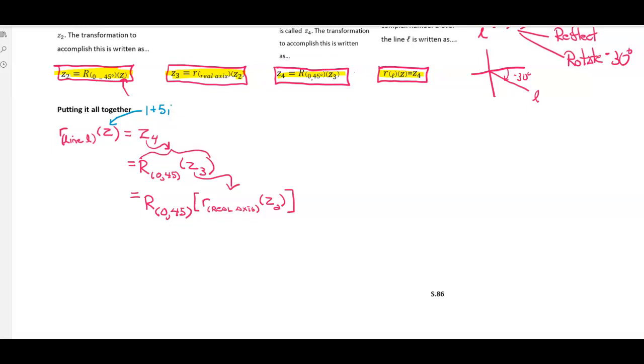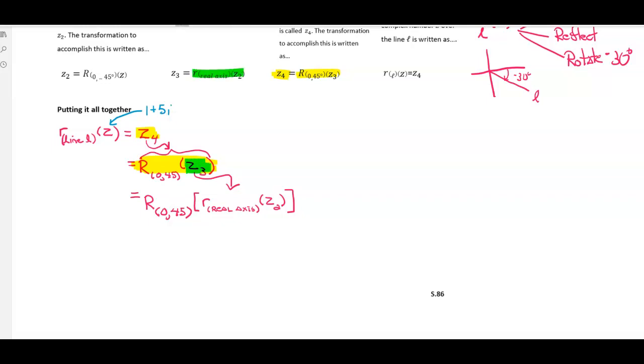So all I'm doing, guys, is I'm just doing this substitution here. If I was going to color code this, I took Z4 and I replaced it with this. Then I took Z3, okay, I took this part and I replaced it with this.